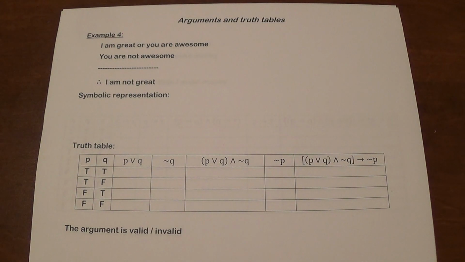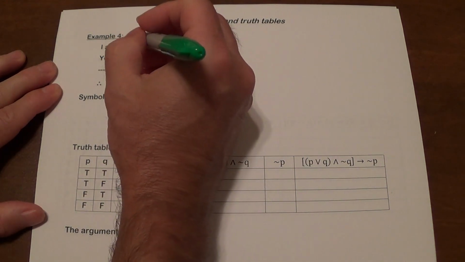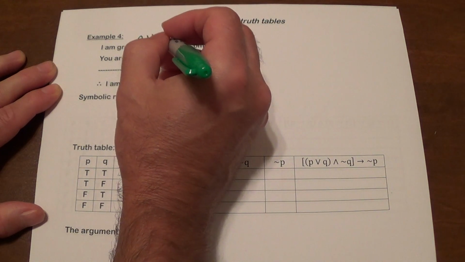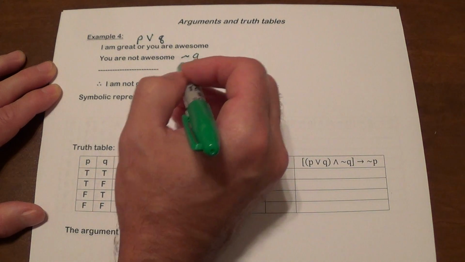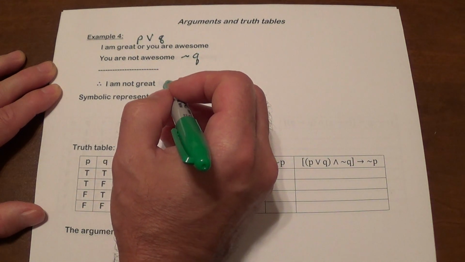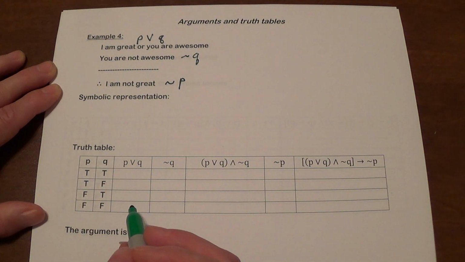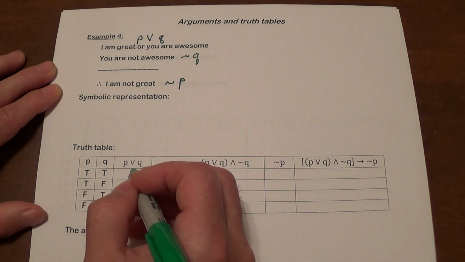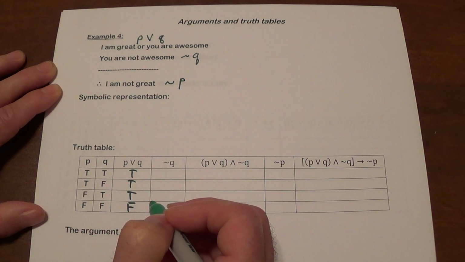I'm great, or you're awesome. You're not awesome, therefore I'm not great. So this is P or Q. This is not Q, leading possibly to a conclusion that it's not P. So P or Q will be true, true, true, false.